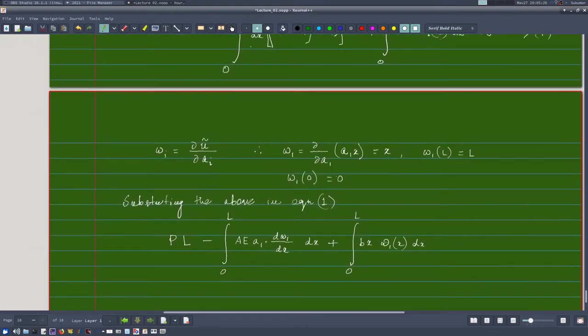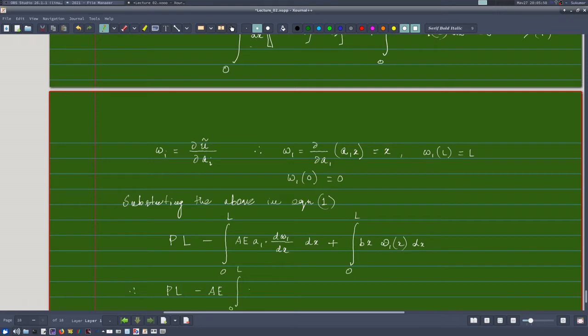So now, since w1 is x, dw1/dx is 1, isn't it? And therefore I can write this as P into L minus this AE is a constant, so I will take it outside because it no more depends on x.